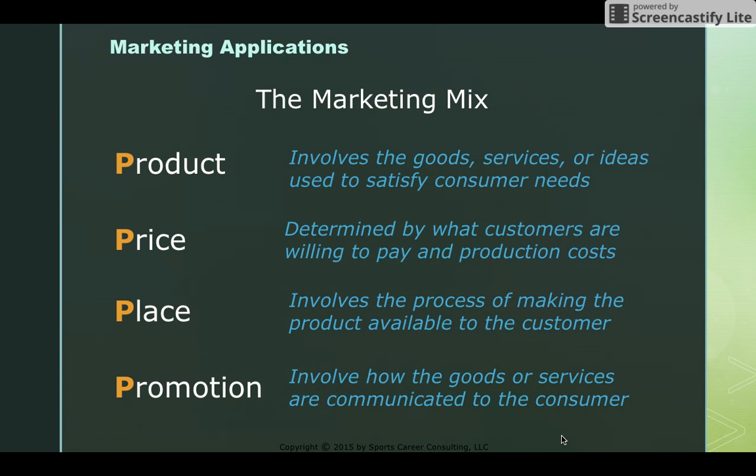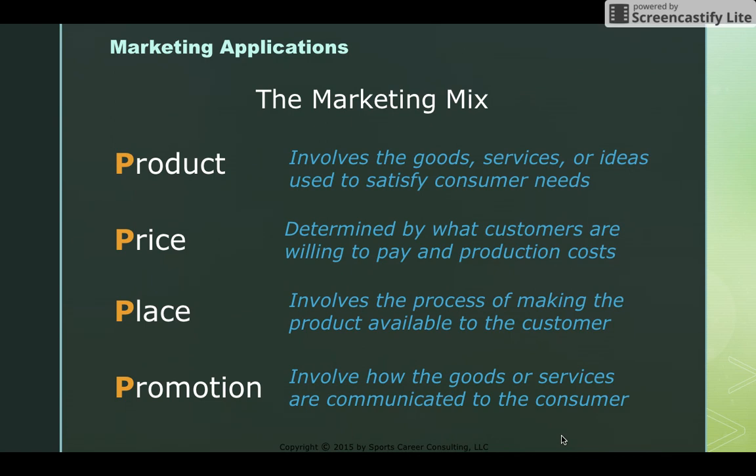That is how that price is usually determined. Customers of CamelBak are willing to pay about $20 for a water bottle. So they would price it at $20 because CamelBak knows that you're willing to pay that much money for their water bottle. Next is place.